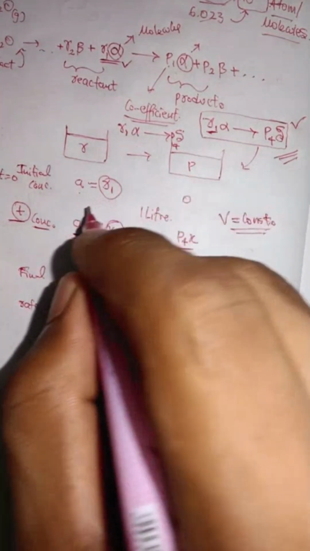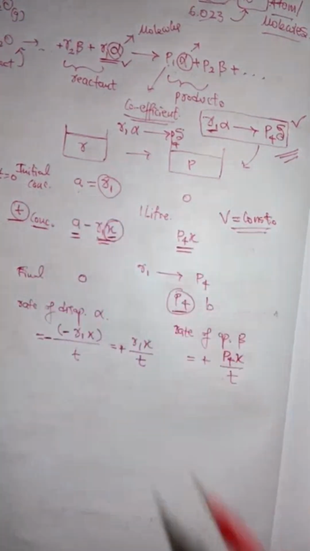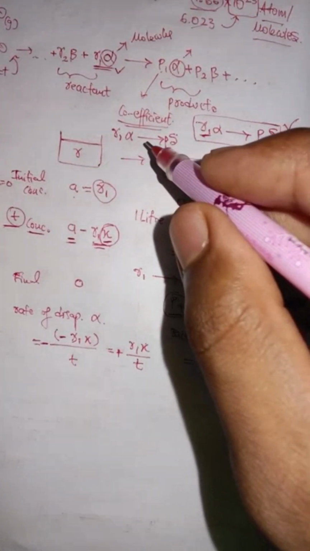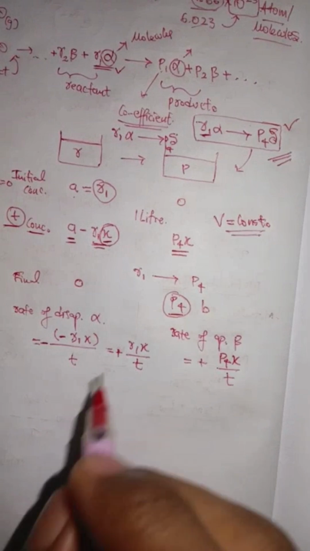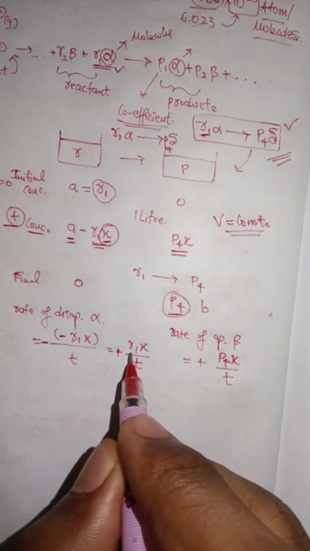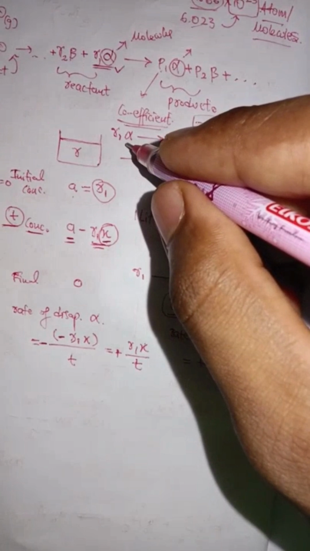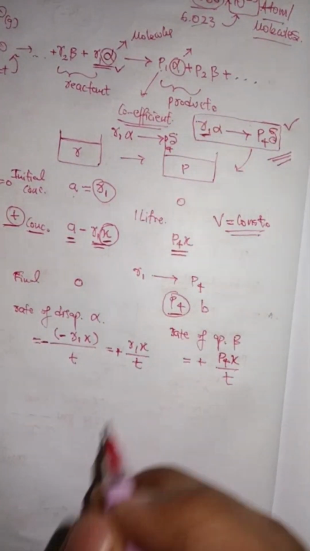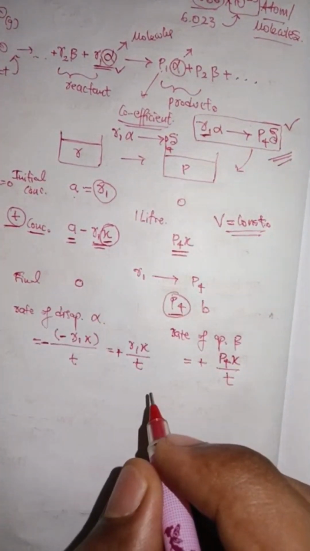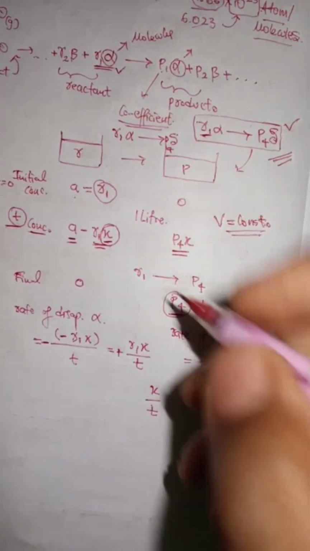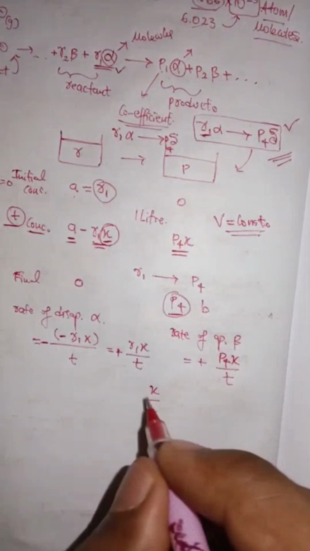We have taken a as a concentration, we have chosen it, and for this molecule alpha, R1 is the coefficient of alpha. Without considering this, for the rate of reaction of this equation, we only need to consider the actual x value here.